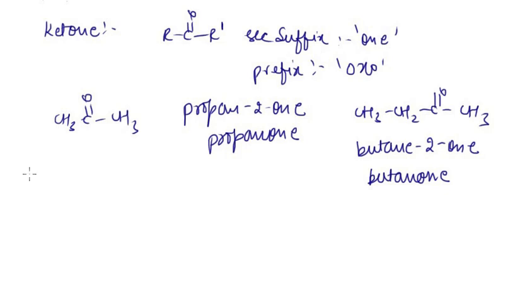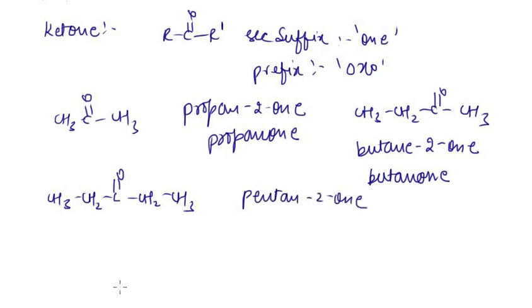Now, if we talk about CH3, CH2, C double bond O, CH2, CH3. Pentane 2 one. Or it is pentane 3 one actually. 1, 2, 3.